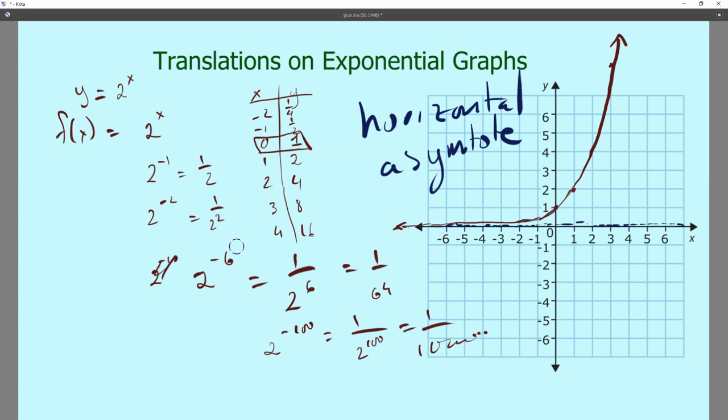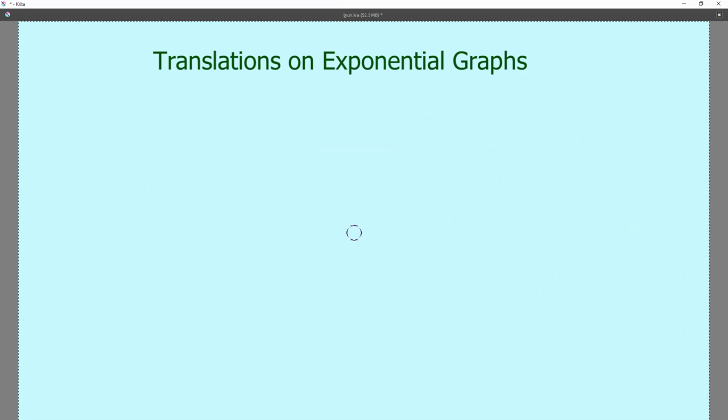No matter how far to the negative side I go, it never crosses down to negative y. It just gets closer and closer to 0, but it never crosses it. So that's the horizontal asymptote. Okay. So that's the idea of the exponential graph.